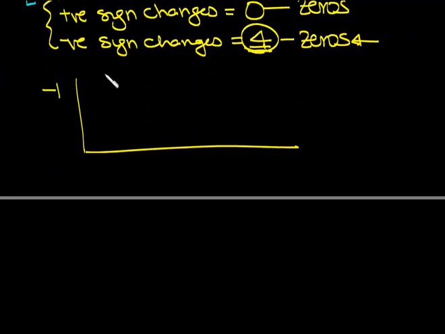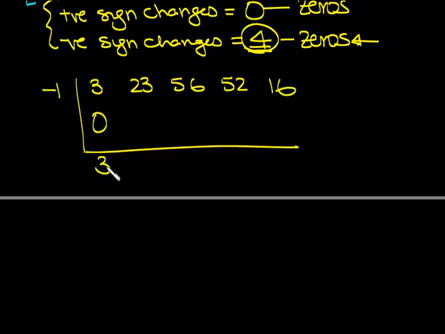So my polynomial was what? The polynomial that we started with was 1, 3, 23, 56, 52, and 16. So I get 0, 3. -1 times 3 is -3. We get 20. -1 times 20 is -20.